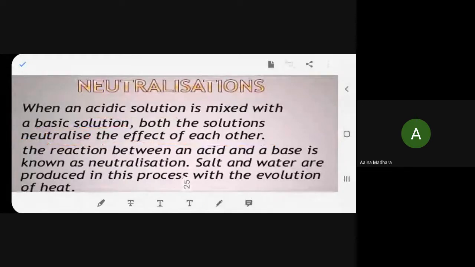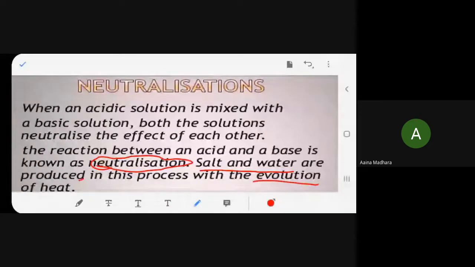So, when acid is reacting with base, it is called neutralization. And another thing that we get is salt and water. Whenever there is any neutralization reaction, we get salt and water, which is produced with also the evolution of heat.